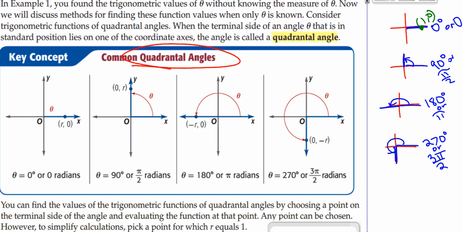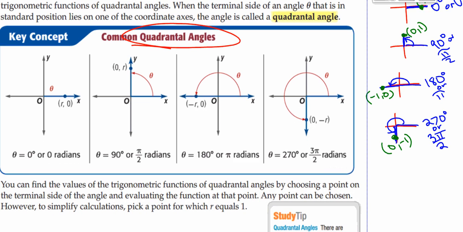On this one, the most convenient number I can think of is -1, 0. And this one, I'm going to pick as 0, -1.